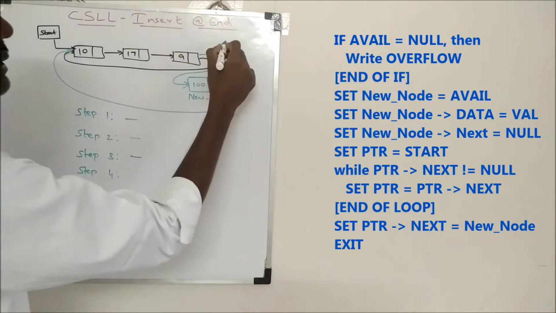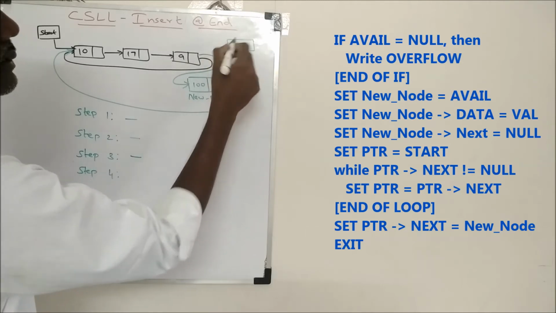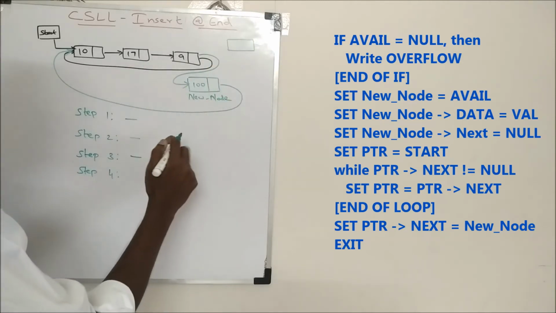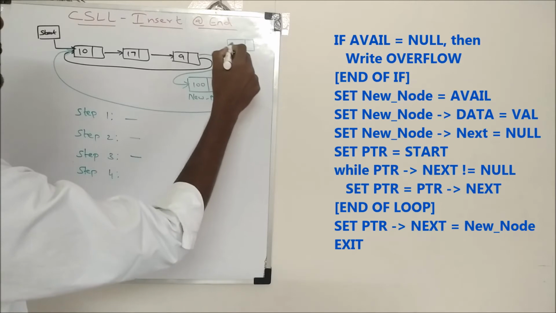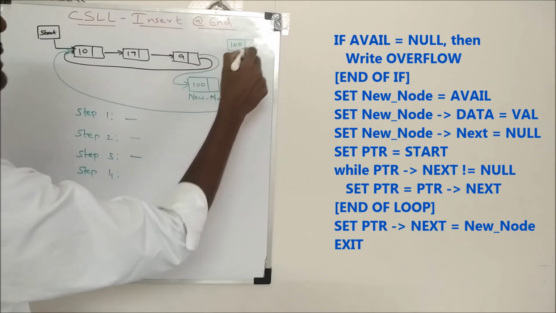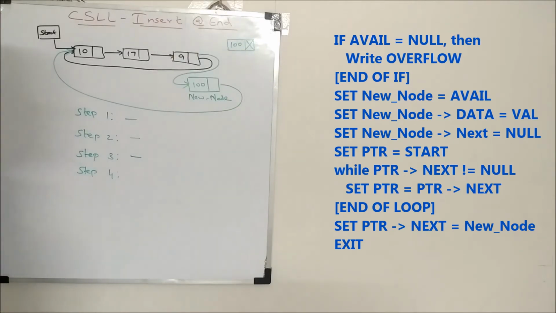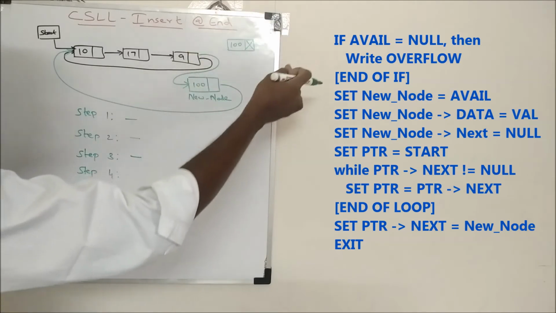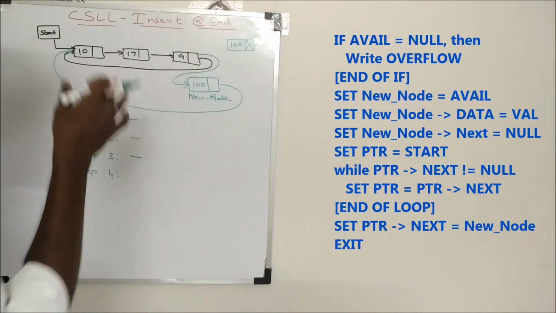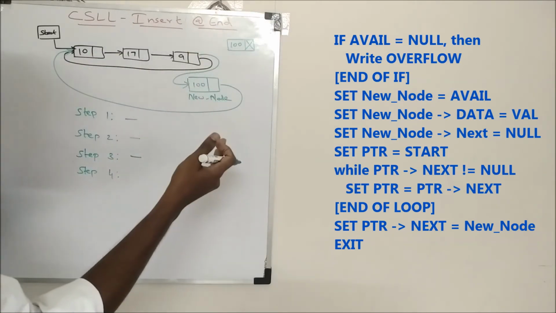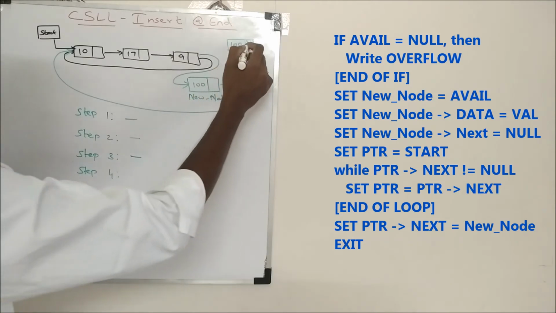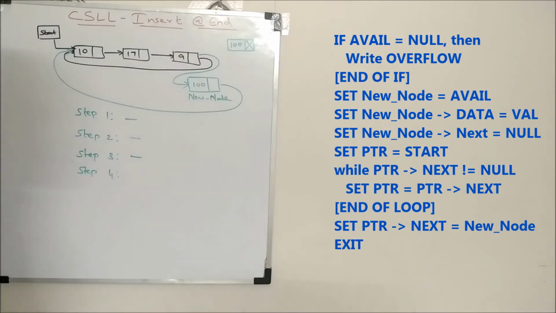In the singly linked list, if you are inserting a new node, what will happen? The new node whose next will be null, because the new node is going to act as the last node of the existing list after insertion, so automatically its next should be null.